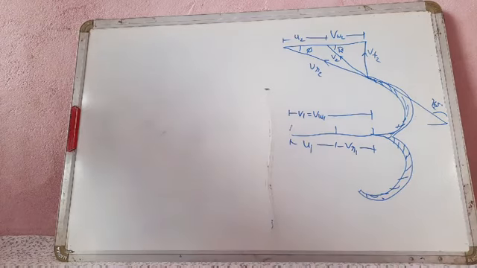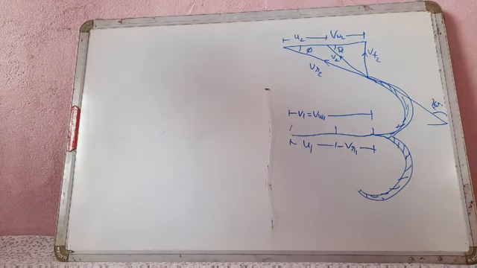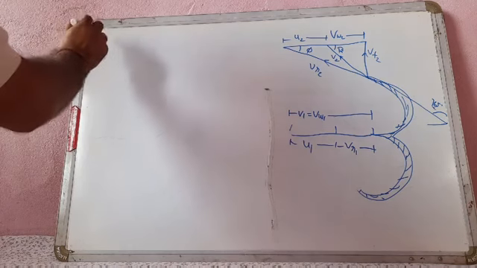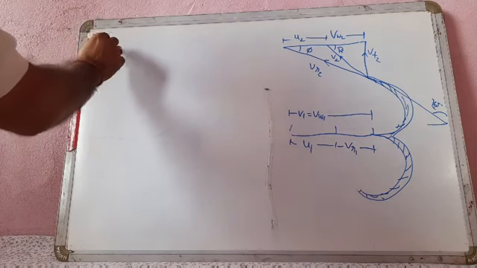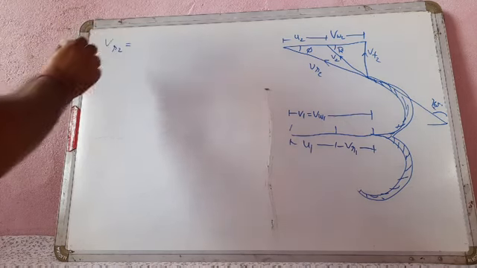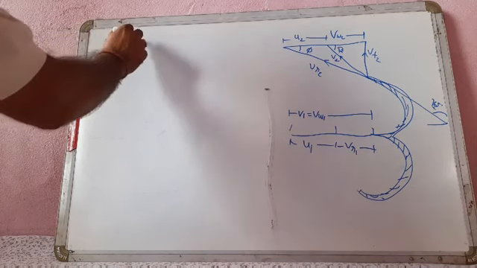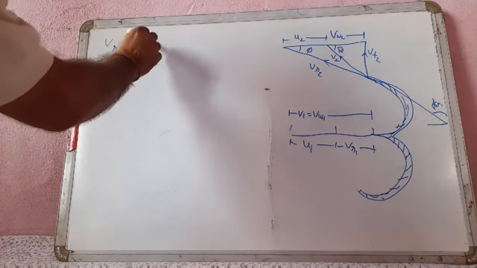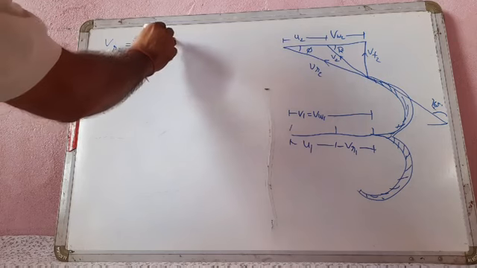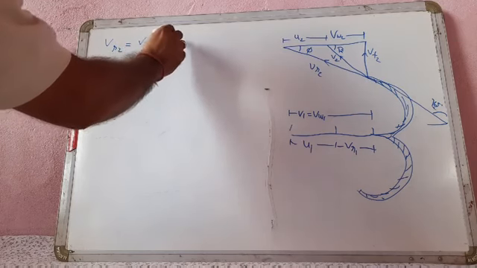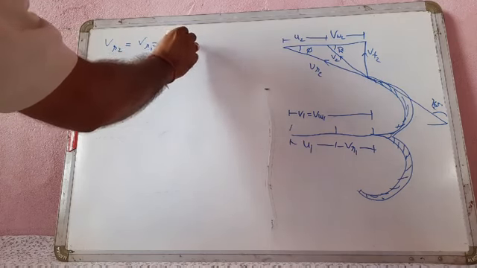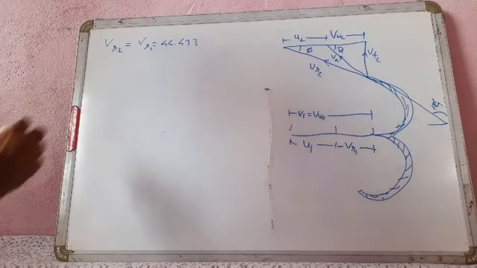Now from the velocity triangle, Vr2 equal to Vr1 equal to 44.473.